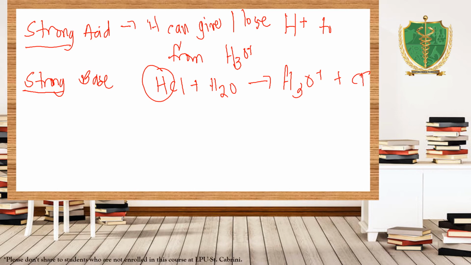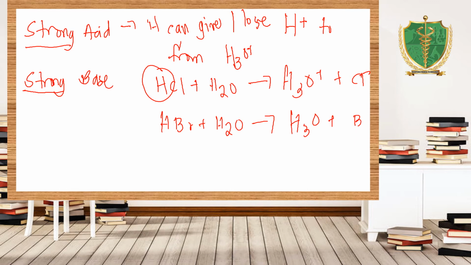Is hydrochloric acid considered a strong acid? Yes. Why? Because it reacts almost completely with water to form hydronium ion. Okay. Another example is hydrobromic acid, HBr, plus water will give us hydronium ion plus bromide.